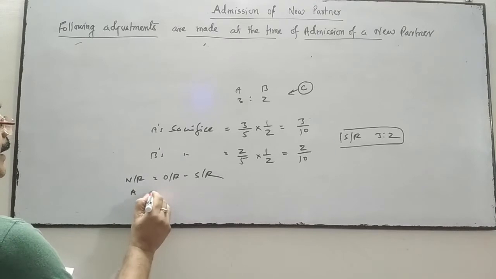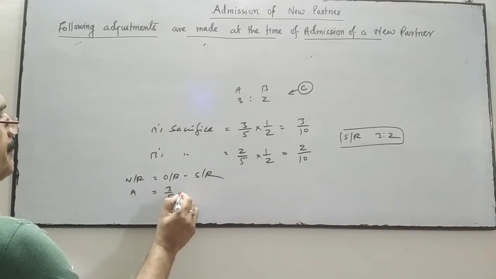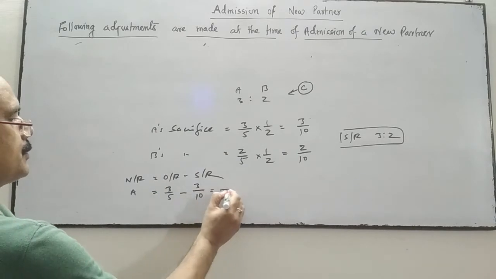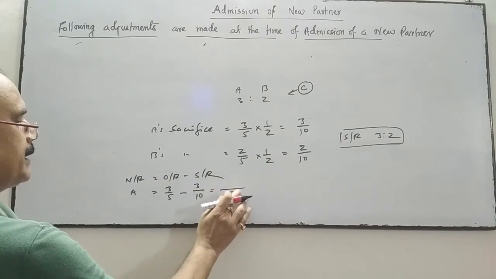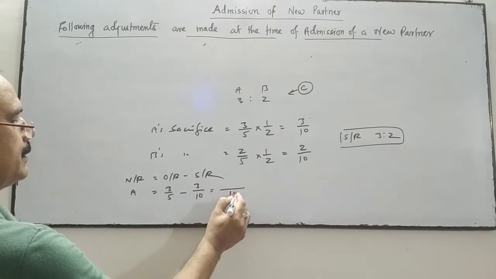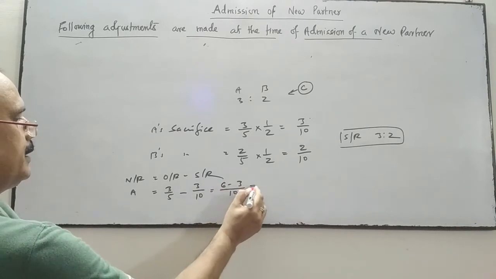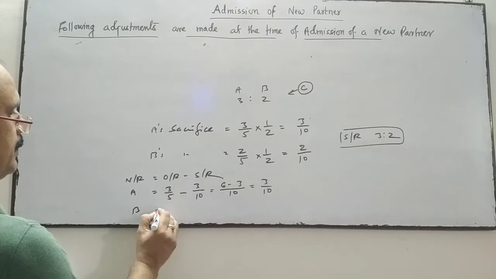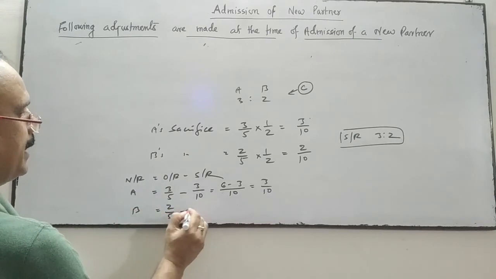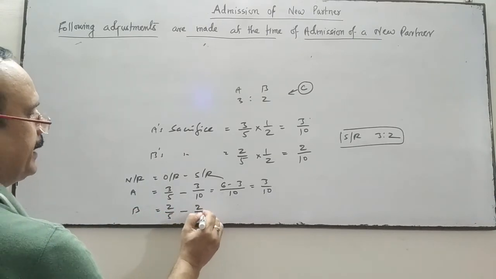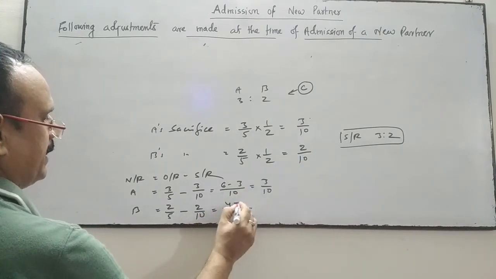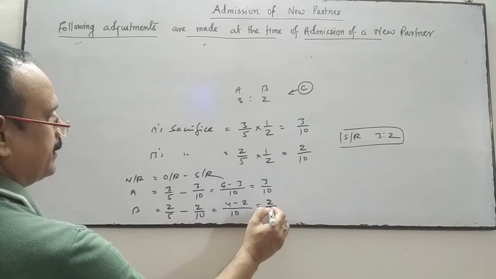First of all, A's old ratio is 3/5 and he has sacrificed 3/10, so it is 6 minus 3, 3/10. B is 2/5 minus 2/10 sacrificed. 10 is the LCM. 4 minus 2, 2/10.